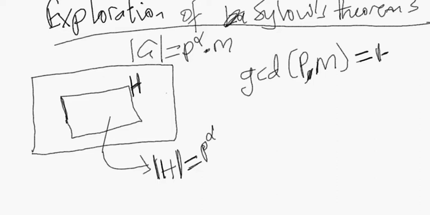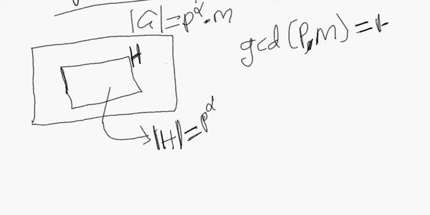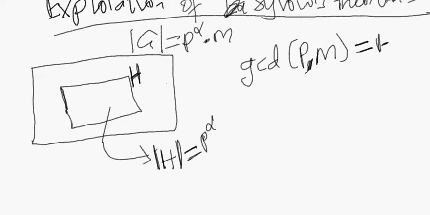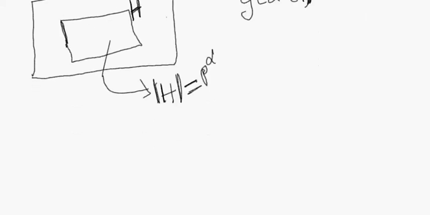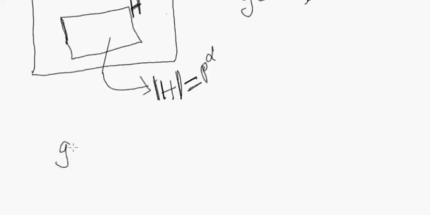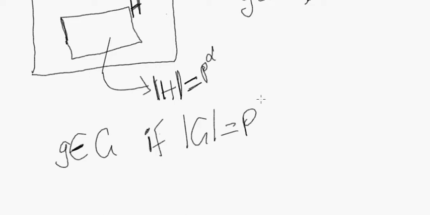Now, one obvious strategy to try, one you might have seen before, is, well, what if we pick some element little g of G and show that if the order of G equals p to the alpha times m, then there exists some little g in G such that the order of g equals p to the alpha, right?